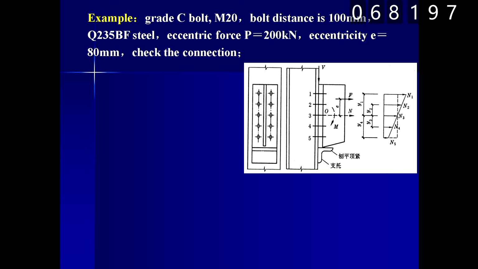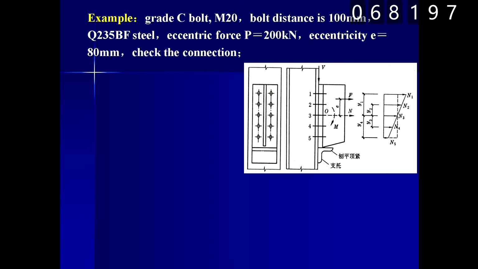And the force 200 applied on here, equal to 8, the distance to the center equal to 80 millimeters. Can we check whether the connection is dangerous or not? Anyone want to try, or I directly show you the answers? You should try it by yourself. Yeah. Think about it.